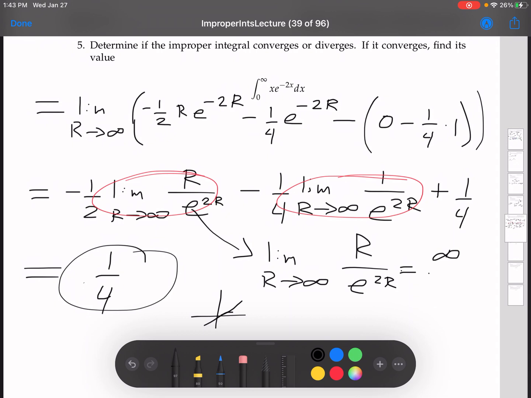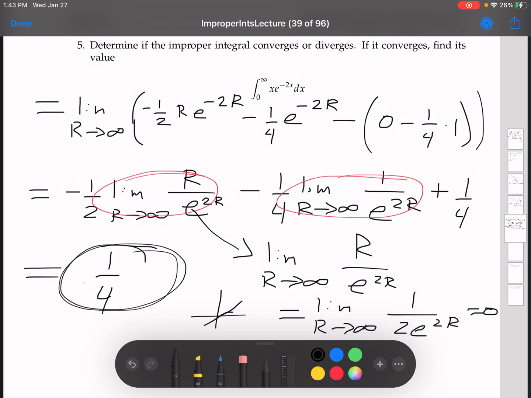So you do have infinity over infinity, an indeterminate form, so we use L'Hopital's rule. The limit as r approaches infinity, derivative of r is 1, derivative of e to the 2r is 2e to the 2r, which you can see equals 0. So that just verifies what we found here, that it was 0.